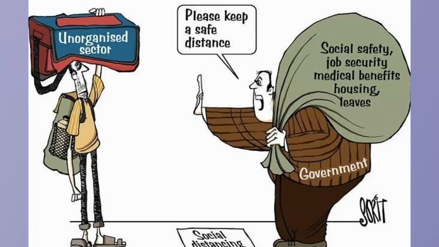And the paradox is, if we look at the picture, you will find that unorganized sectors are always keeping a safe distance from the government, because they are not expecting the social security measures adopted by the government to help them. They are keeping a safe distance from that.